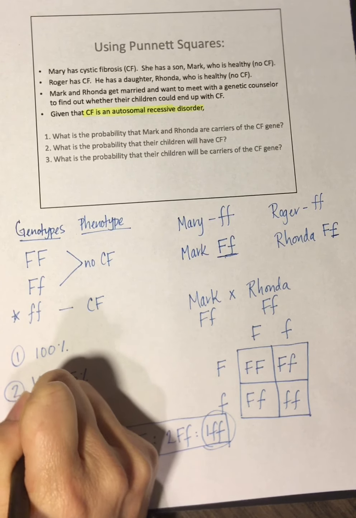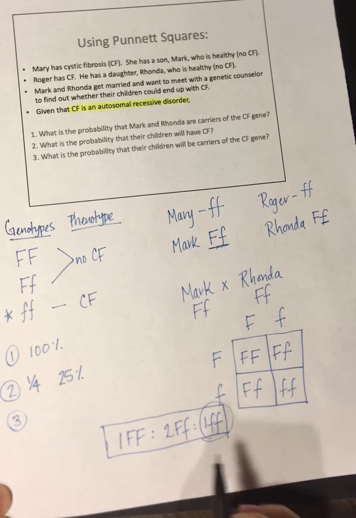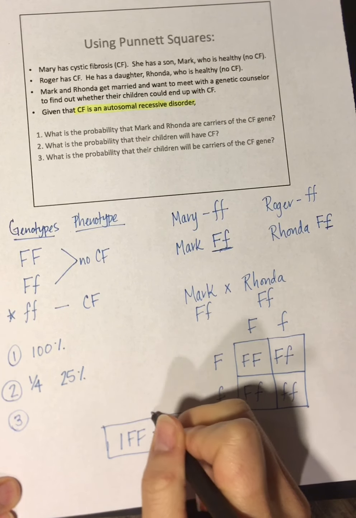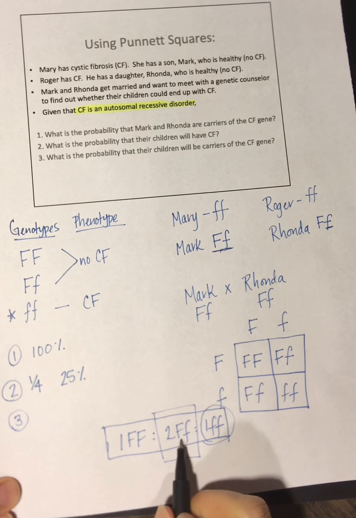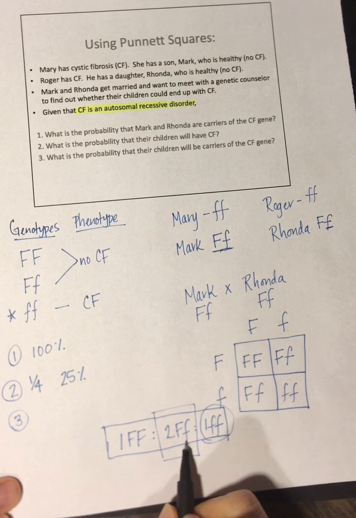The third question asks about the probability that Mark and Rhonda's children will be carriers of the cystic fibrosis gene. So we go back to our Punnett square results, and I'm looking here at the heterozygote. The heterozygotes, remember, are carriers. They carry that recessive allele, but they do not have cystic fibrosis.